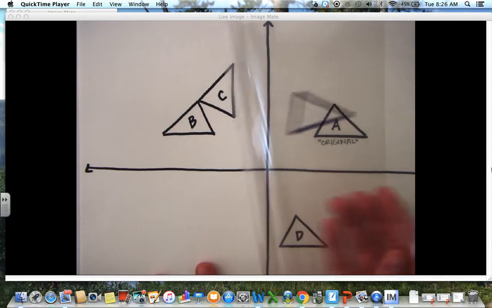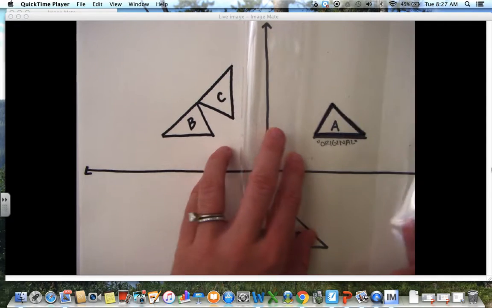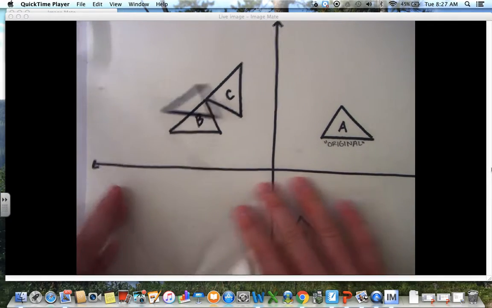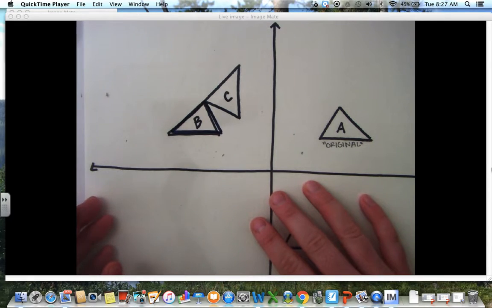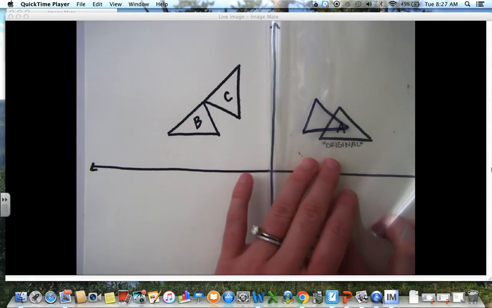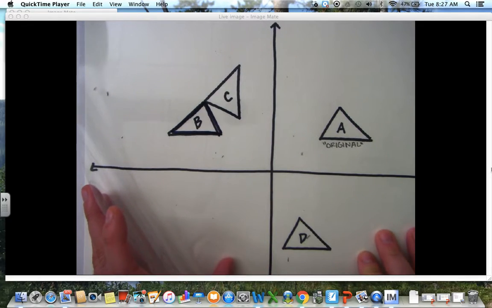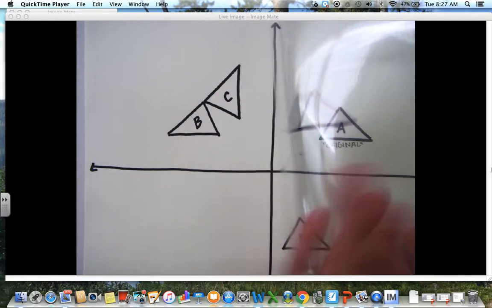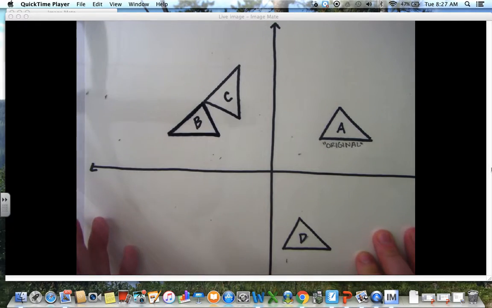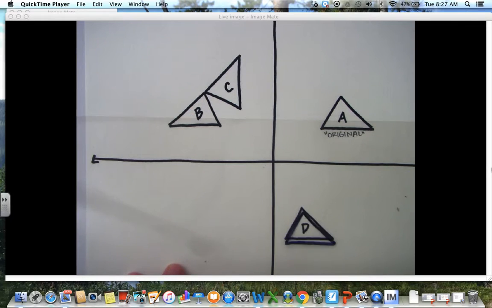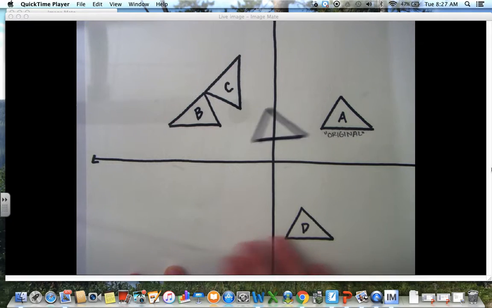I have flipped my transparency from A. A simple flip takes me to B. From A to B. This is a different motion than what we did to get from A to D. Here we slid. Here we flipped.